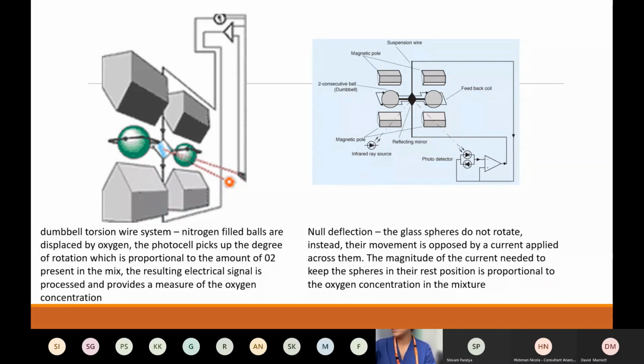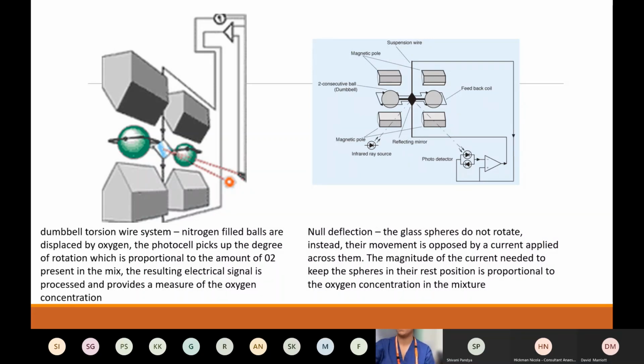There are two pictures here, I think, of the dumbbell torsion wire system. I couldn't find one of the null deflection, but hopefully two different pictures will help to explain this concept. So in the dumbbell torsion wire system, you can see two spheres in green, and those are nitrogen filled, and they are balanced on a wire.